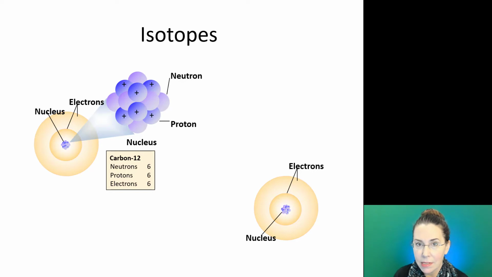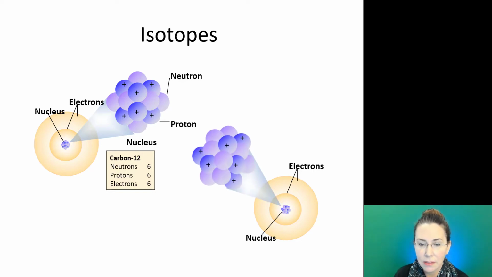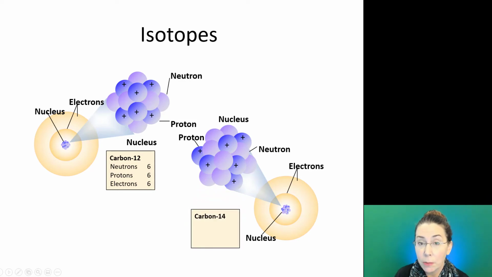But let's compare it to this atom a little further down the page. How many protons do we have here? Well, we still have 6. But what about the neutrons? Well, in this example, we have carbon-14. We have 8 neutrons, 6 protons, and 6 electrons.